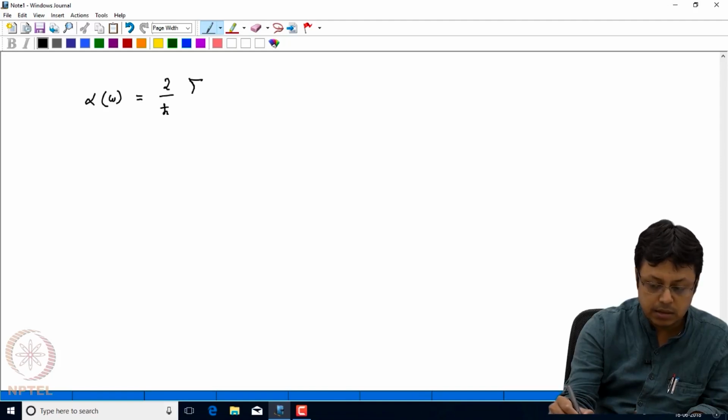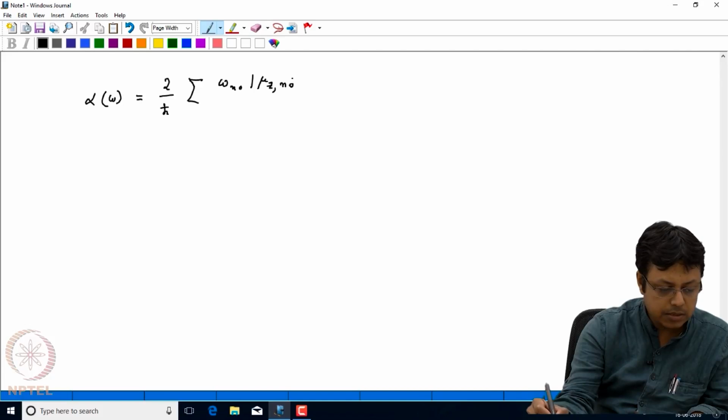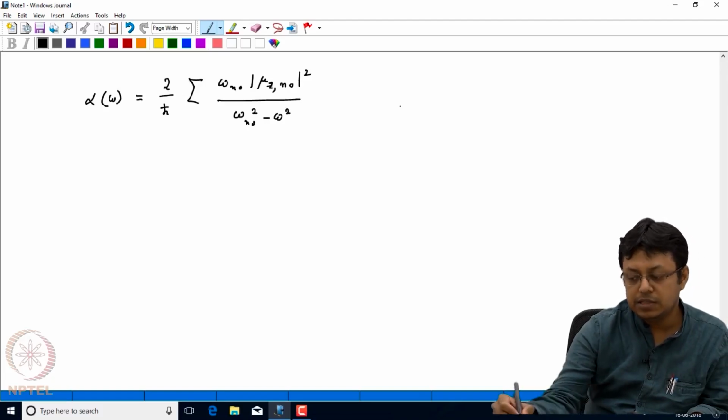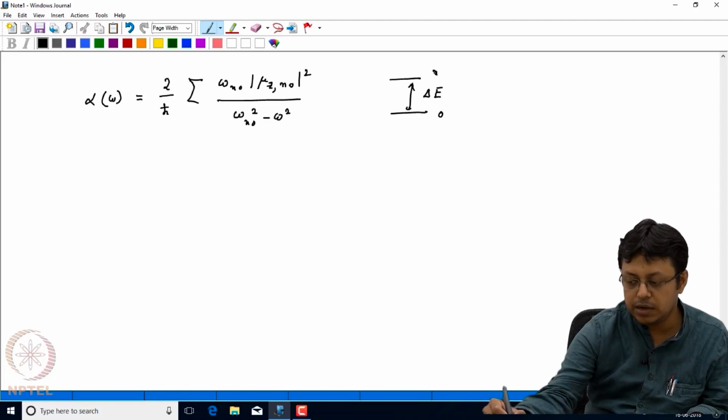So I'm just writing the expression, which tells us that if there is a frequency omega n0, then the mu z component corresponds to a transition of omega n0, which is the frequency of transition, if this is delta E between say 0 and n.